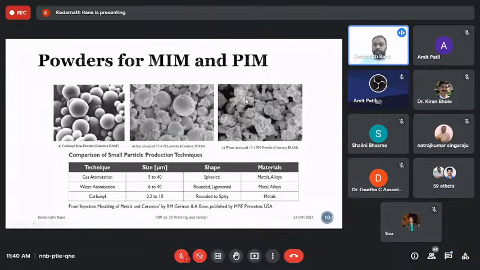So alloying is not favorable for the carbonyl process. I'm taking these details from some books which are given here. If you want more information, please go to this reference, and you can read more on these technologies or powder requirements.